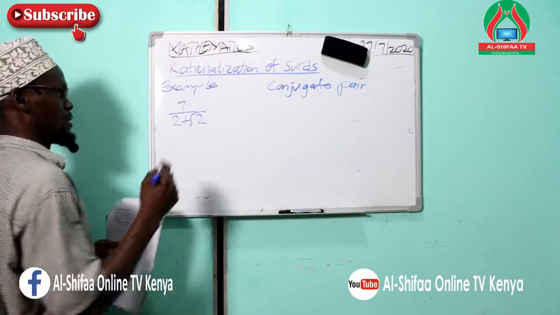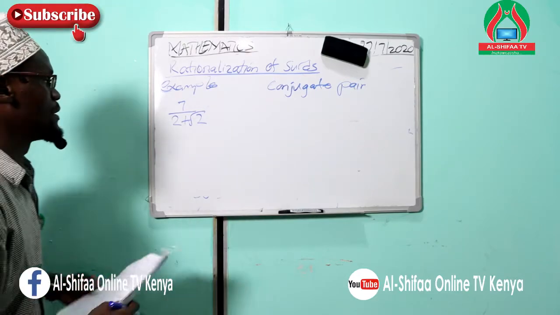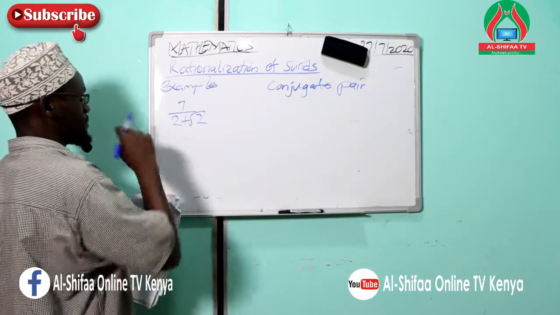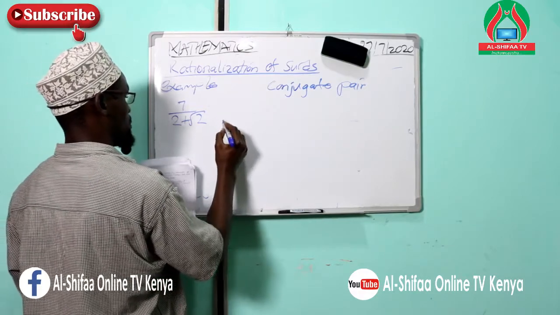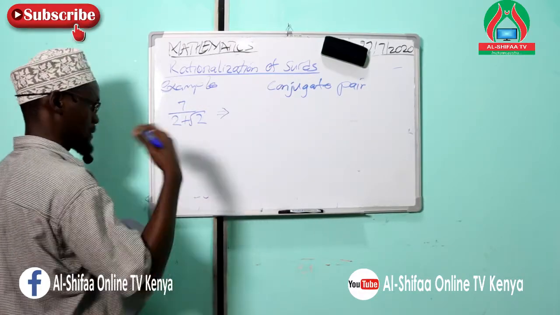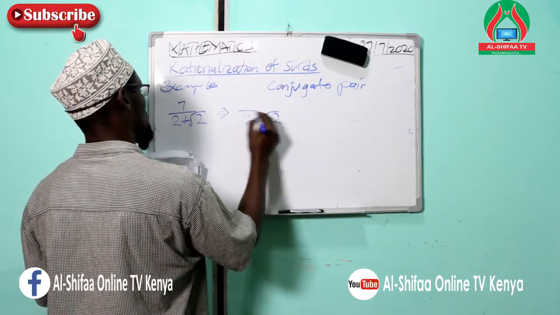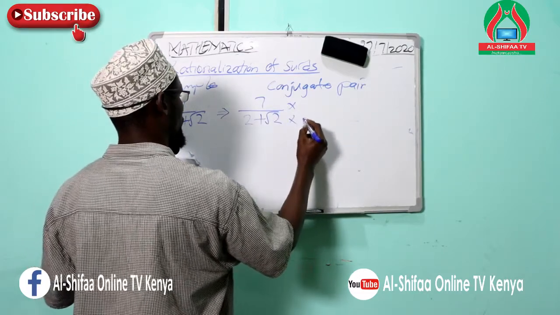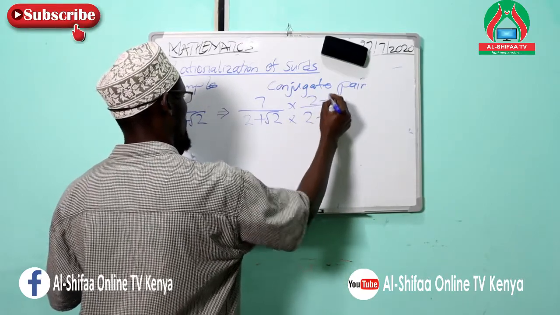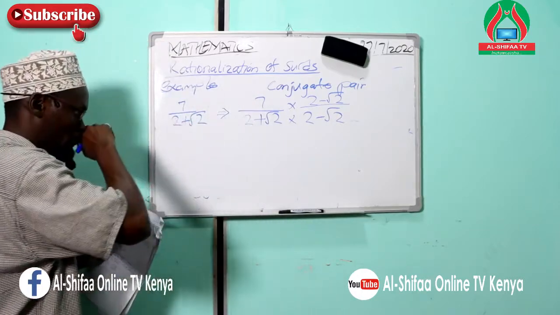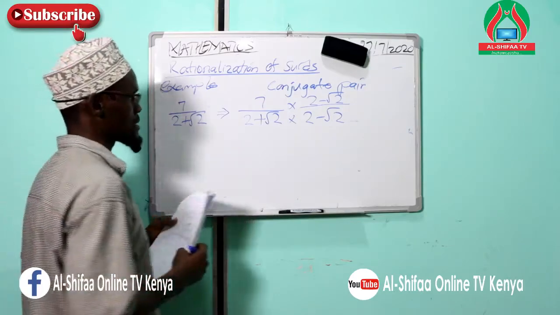This is from the algebraic identities, so in order to rationalize it, we borrow from the difference of two squares in the algebraic identities.